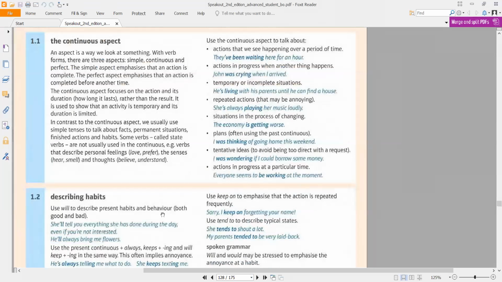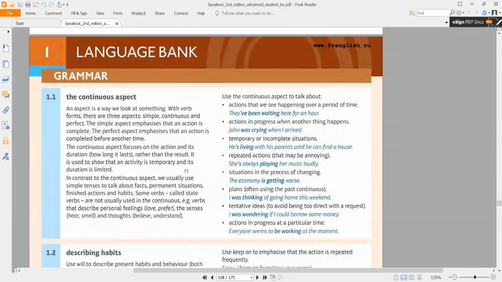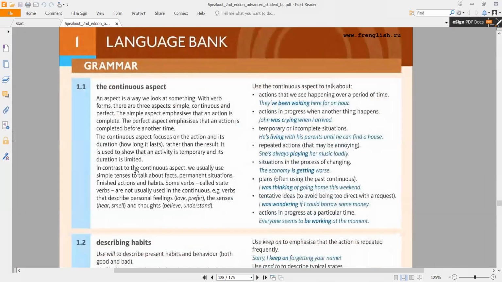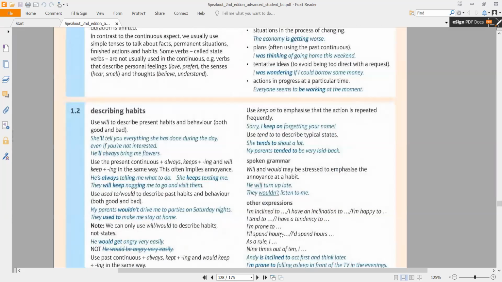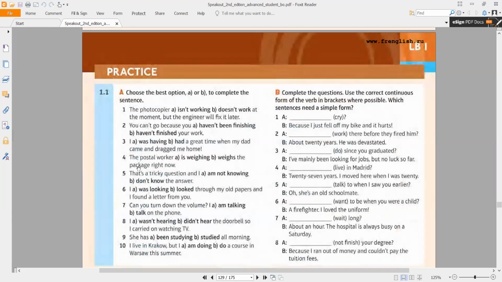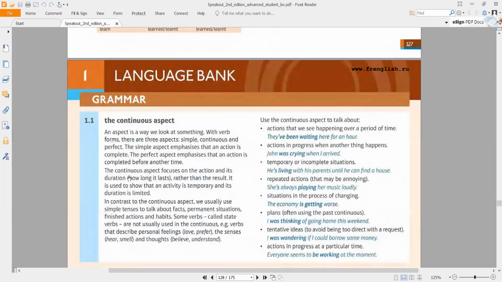So as usual, for Ikram, she doesn't know the style of this book. This book has a grammar bank at the end of it. So we go there to have a wider look at the grammar point of every lesson, and we answer some questions related to that grammar point. So let me explain to you here. I will read and explain to you.